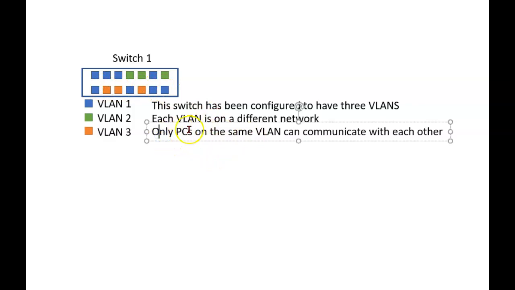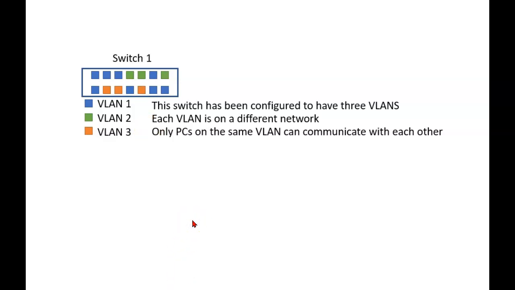Only PCs on the same VLAN can communicate with each other. So this one here on VLAN 2, this green one, can communicate with this green one on VLAN 2, but it cannot communicate with this orange one on VLAN 3. Likewise, of course, all of these orange ones can communicate with each other because they are on separate networks, and you cannot cross networks without a router.